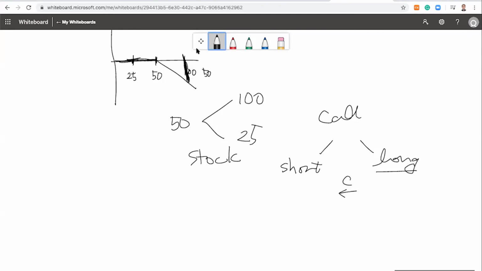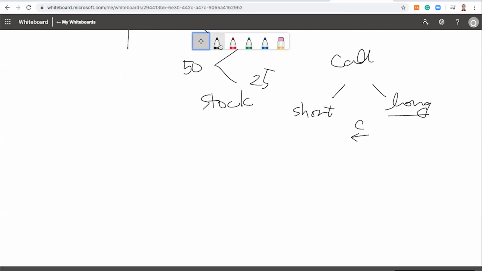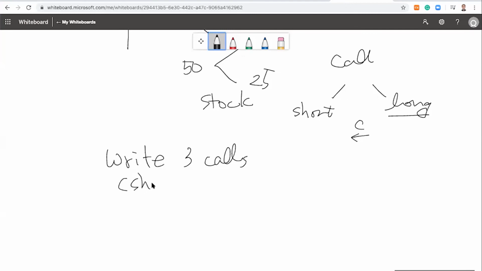And then in the paper, it says write 3 calls. It means actually taking a short position in 3 calls. Since we take the short position, we can get money from the long position people, and each one is $3.